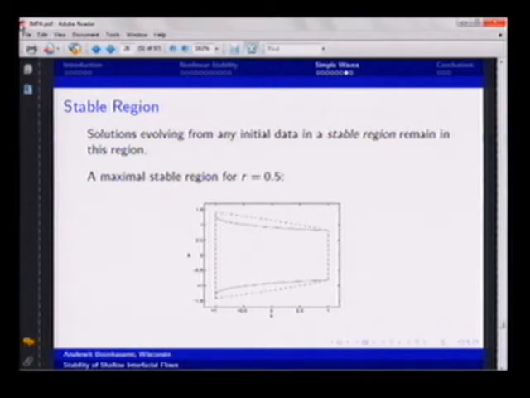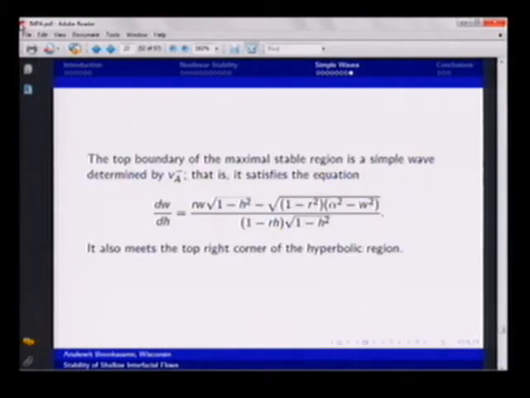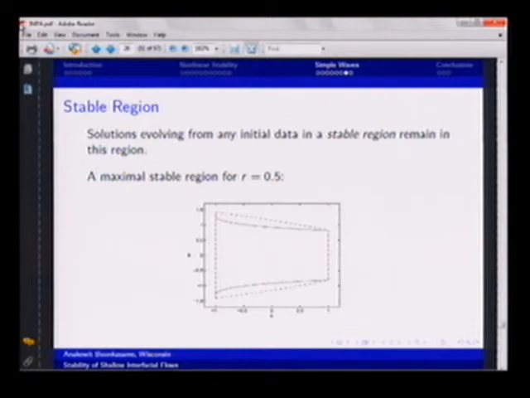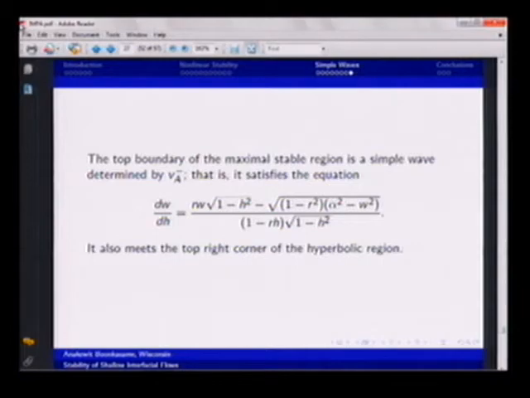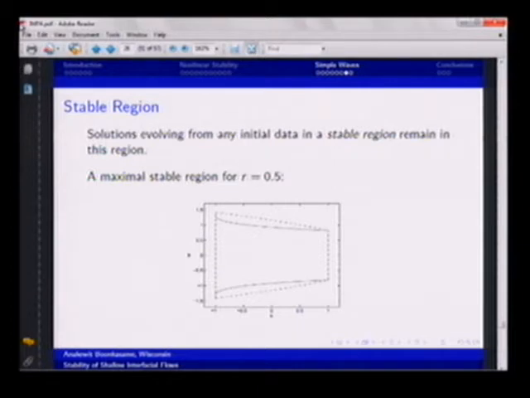And I can be more precise. So it's actually a simple wave determined by this ODE. Well, it's actually in the family of V_A, minus the eigenvector of A. And the boundary condition for the ODE is that the curve here meets the top right corner of the hyperbolic region. If you look at this ODE closely, then you will see that it's actually singular at the top right corner here. So you have to do some local analysis, but you do get this curve.